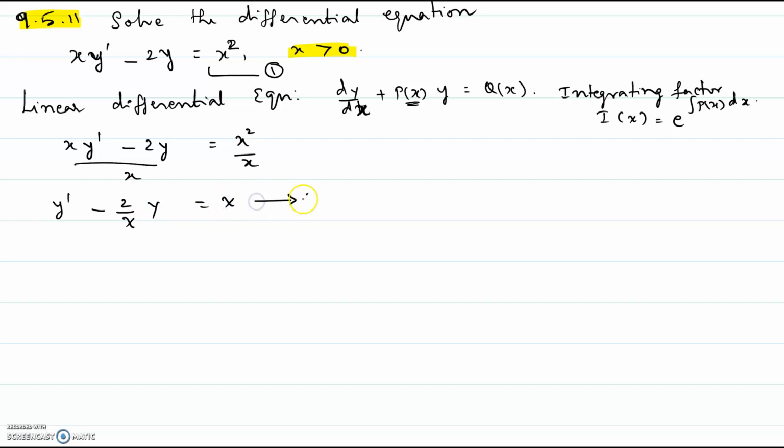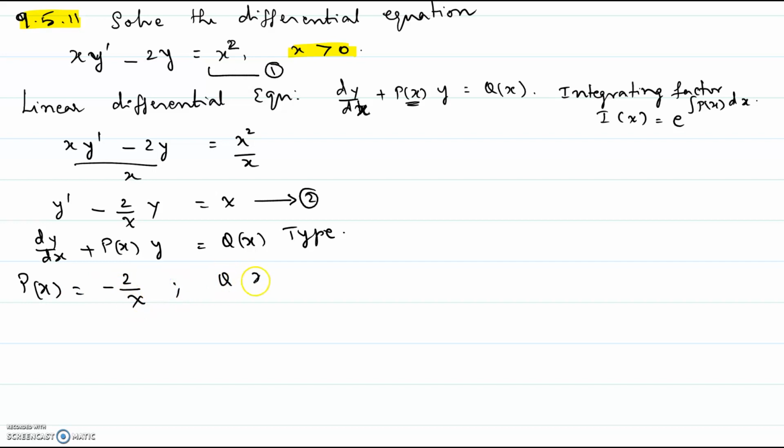This way we have brought the equation into the form dy by dx plus p of x y equal to q of x type. So if we identify p of x and q of x, p of x is negative 2 over x and q of x would be x here.